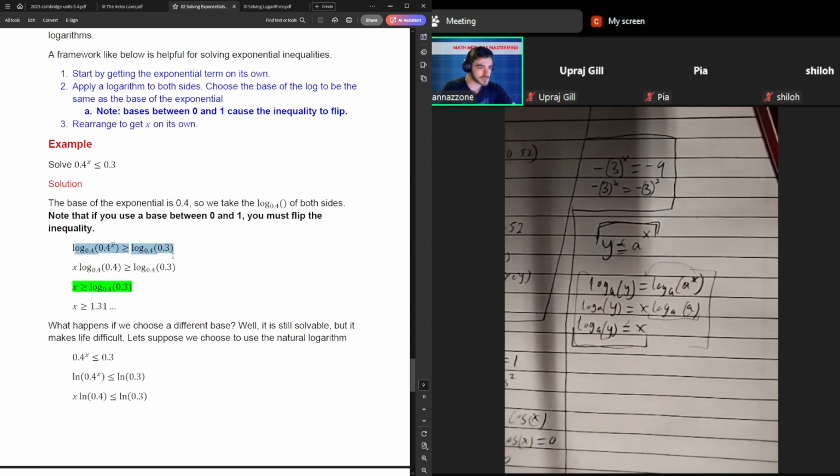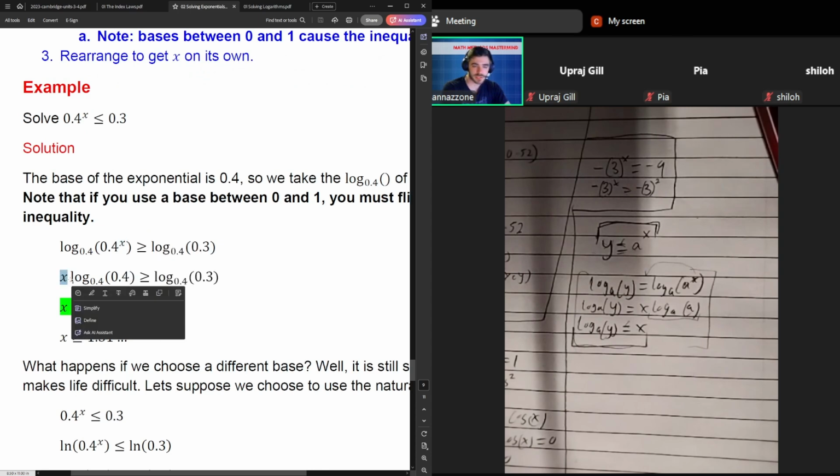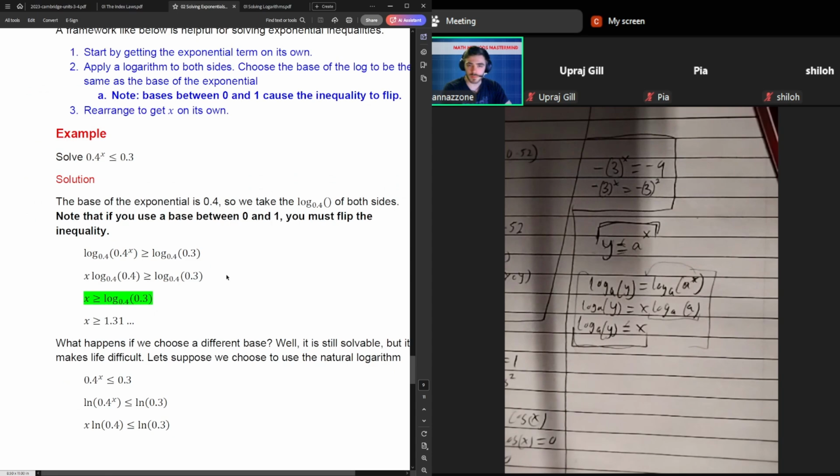But anyway, after having flipped the direction of the inequality, we're just going to do the exact same thing I mentioned before, which is going from here to here. This is a power, and so it comes out the front using that power law, and then the same base and bracket means that this cancels down to just 1, leaving you with x greater than or equal to log base 0.4 of 0.3.